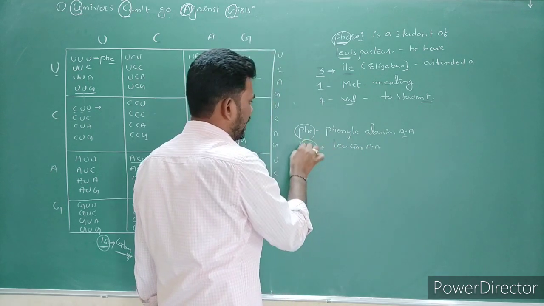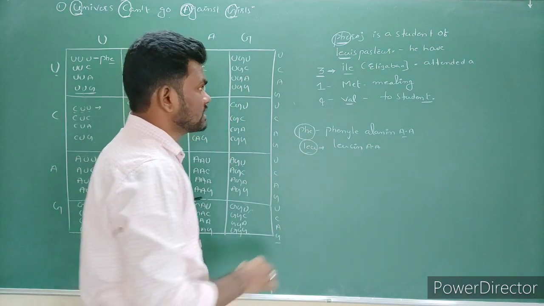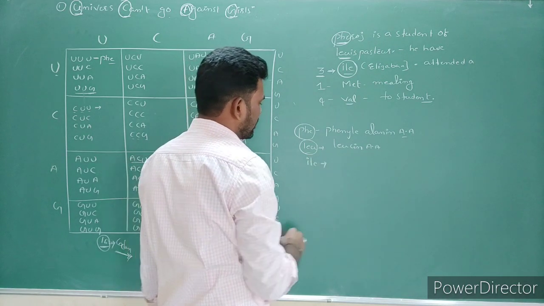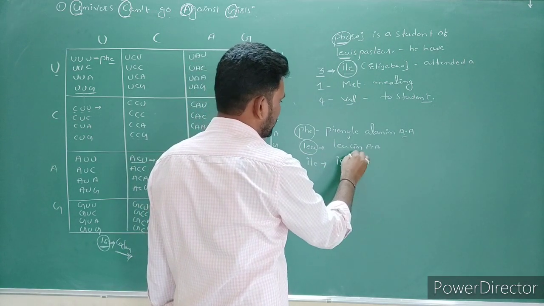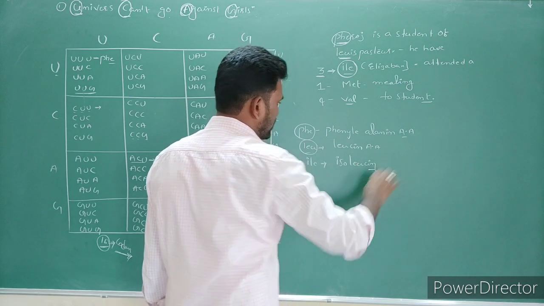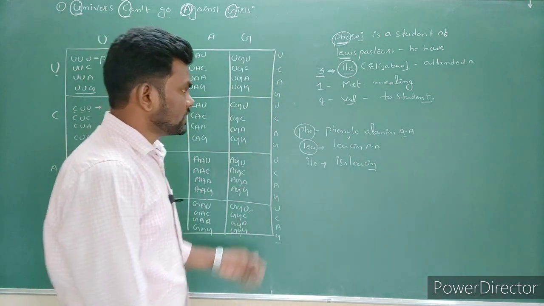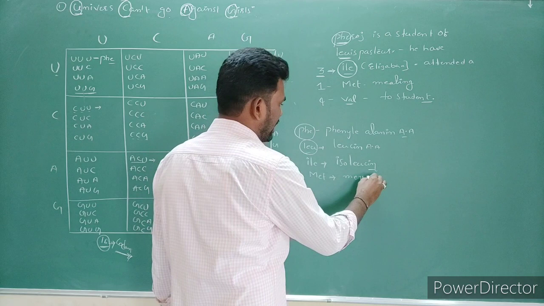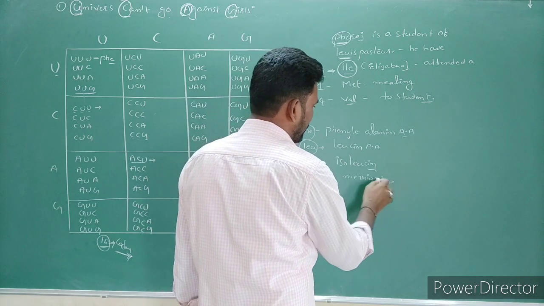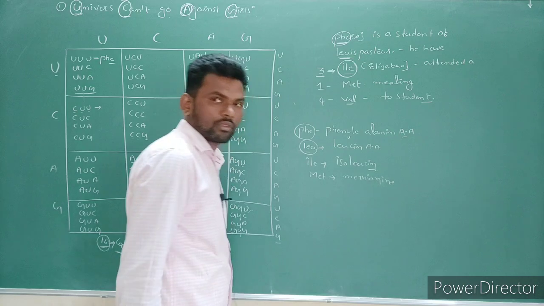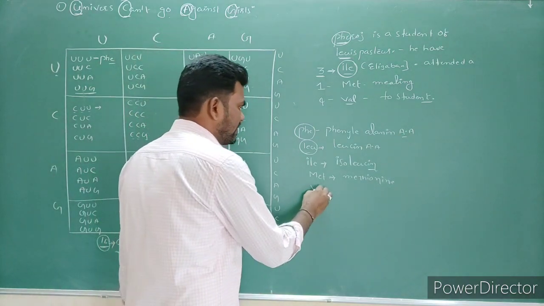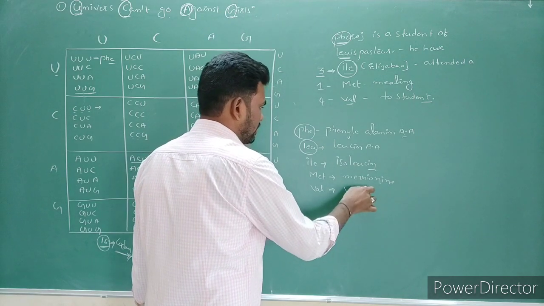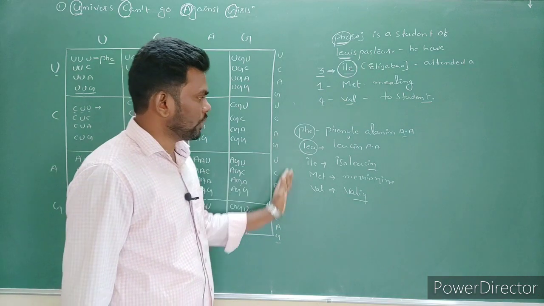Next amino acid is ILE, Elizabeth. It is isoleucine. Next one is MET. Met means methionine. And the last one is VAL. It means valine. So this is the code of the amino acids.